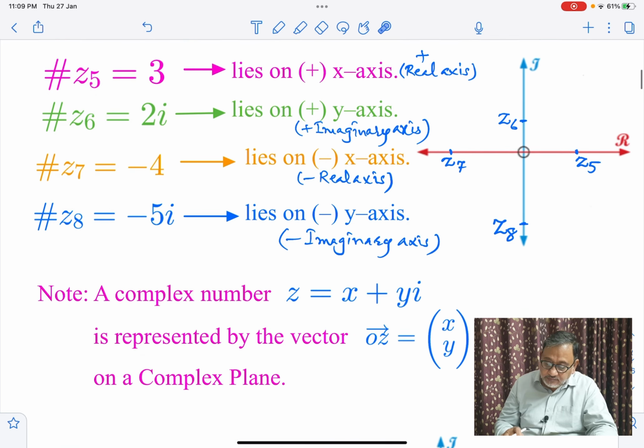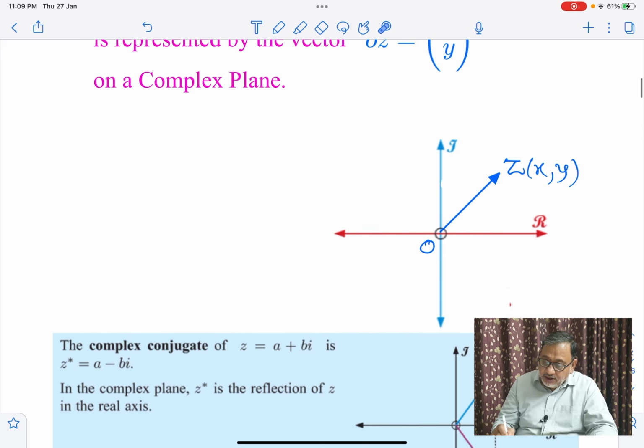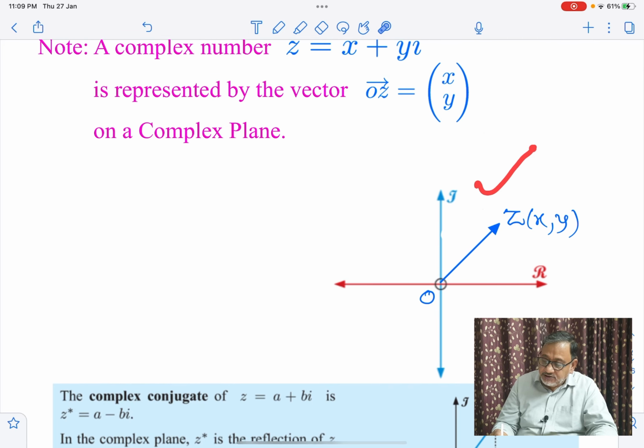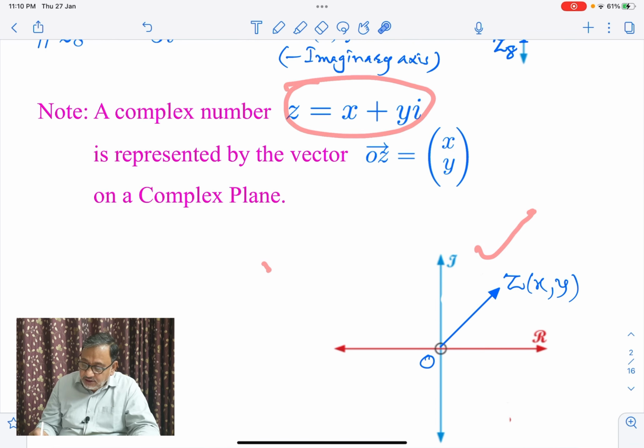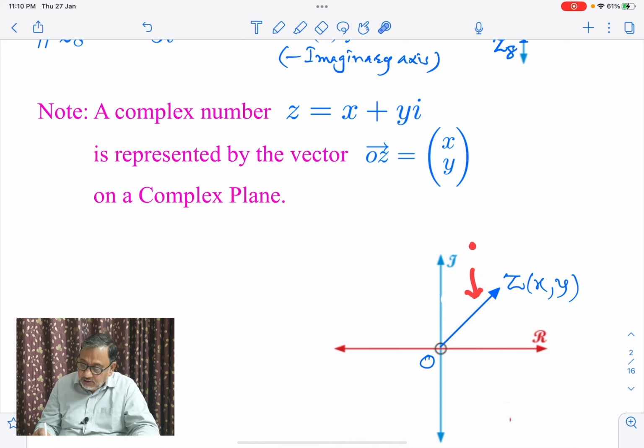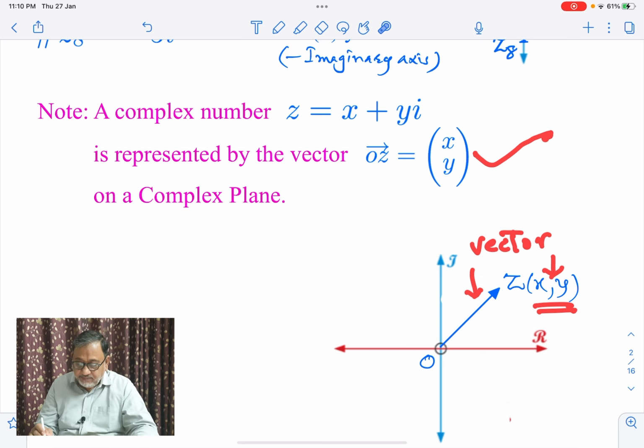Okay. So here I have represented the complex number z is equal to x plus yi by the arrow diagram which represents a vector. Okay. So a vector can also be represented by the coordinates x comma y or by a column vector x y.